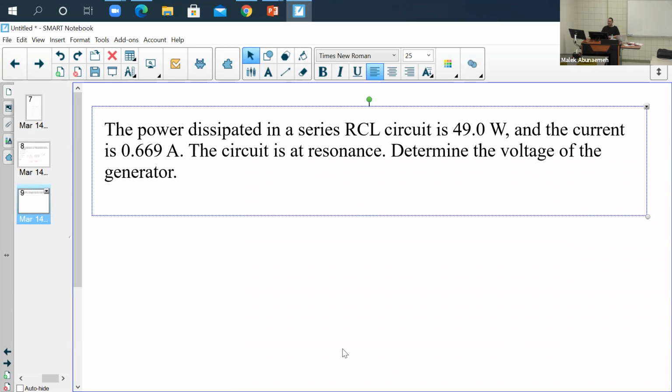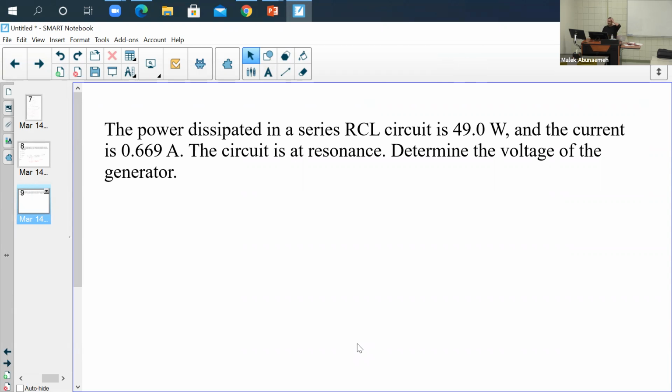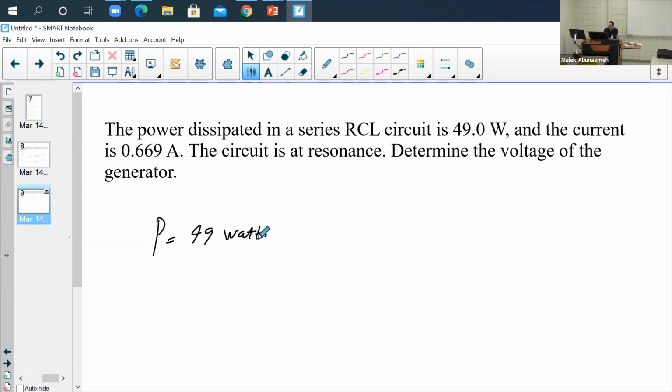So the RC circuit and the current is 0.669 at 49 watts. What is the voltage of the generator? So for this question, let's go ahead and write down our knowns. Now you know your power is your 49 watts, and your current is 0.669 amps.